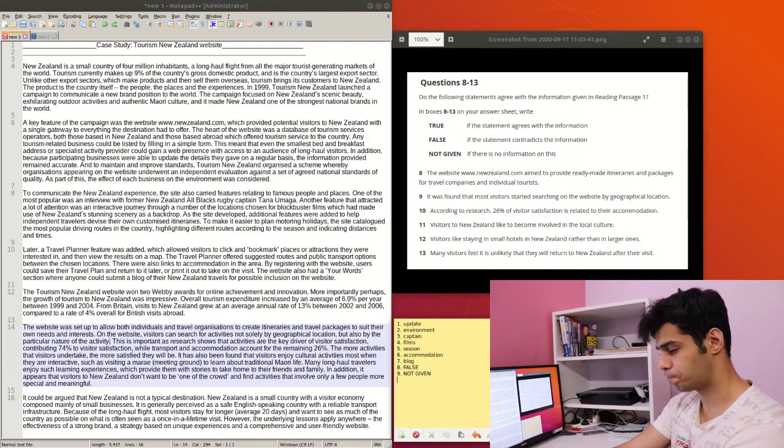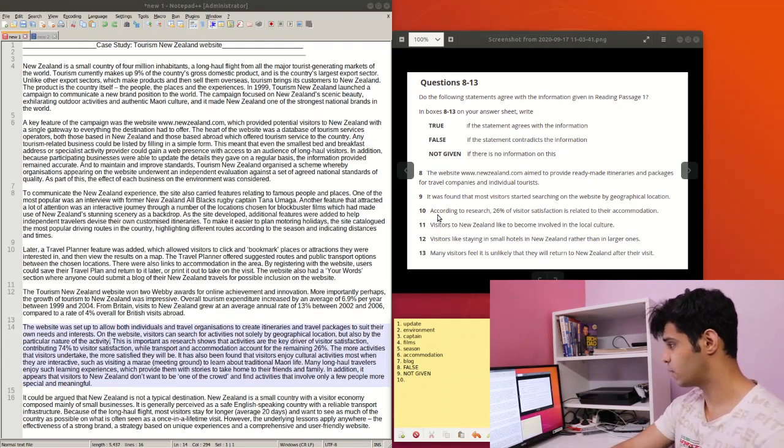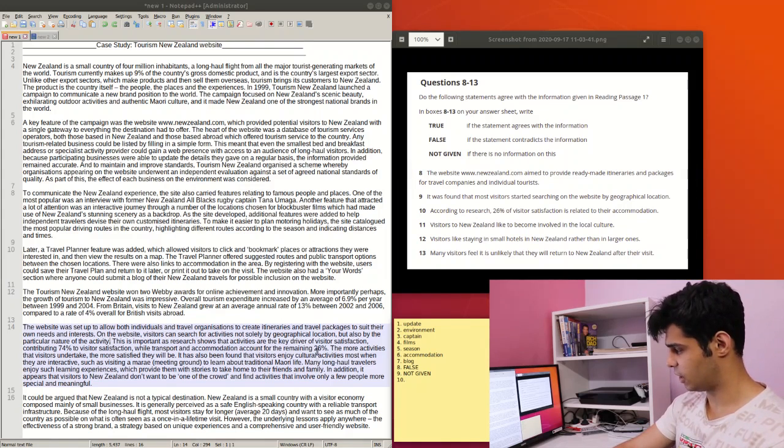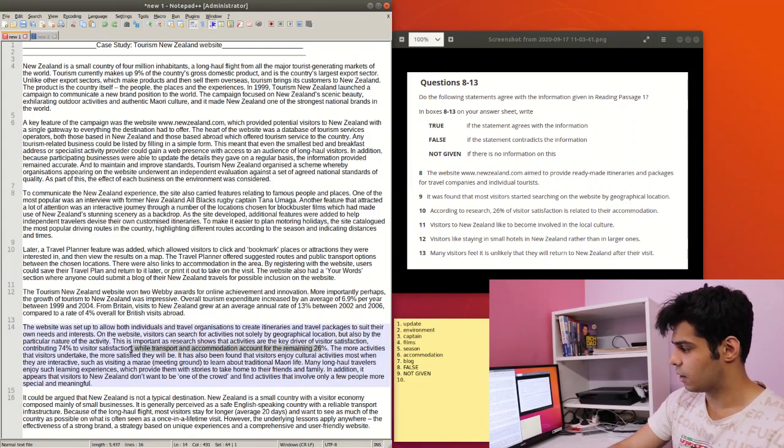Okay. We can take a look at the next one, which is, according to research, 26% of visitor satisfaction is related to accommodation. This is a tricky one. I did read 26%, so here it is. So they were saying this is important as research shows that activities are key drivers of visitor satisfaction, contributing 74% to visitor satisfaction, while transport and accommodation account for the remaining 26%.